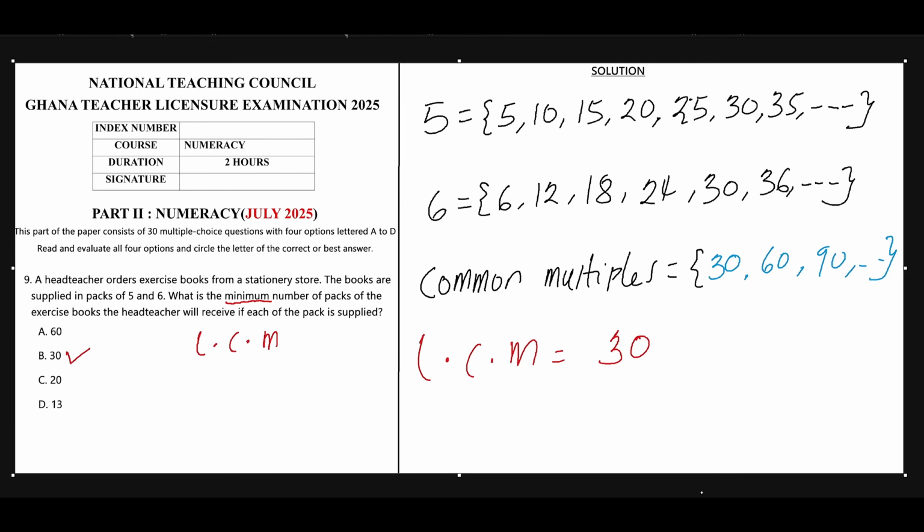Question 10. The standard deviation of a set of scores of 90 students in a mathematics test is 15. If the score of each student is decreased by 9, then what will be the standard deviation of the new observations? So there's a question on the standard deviation.